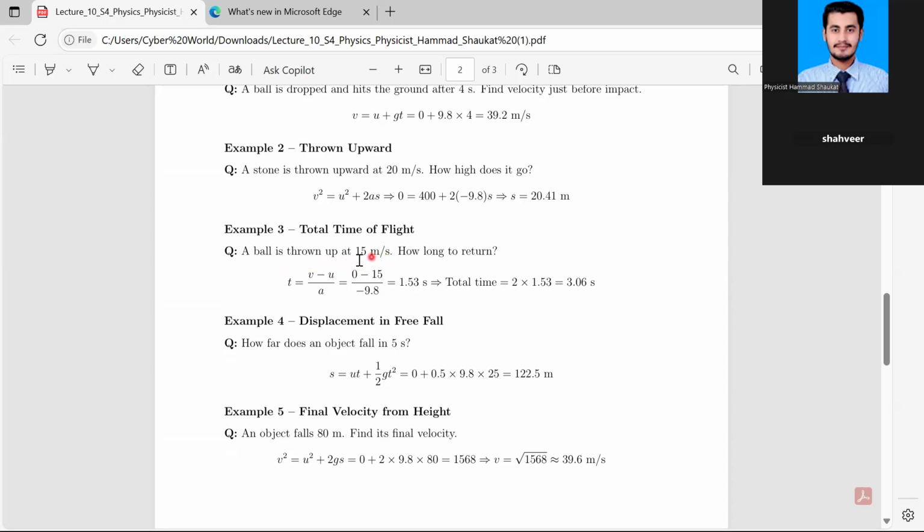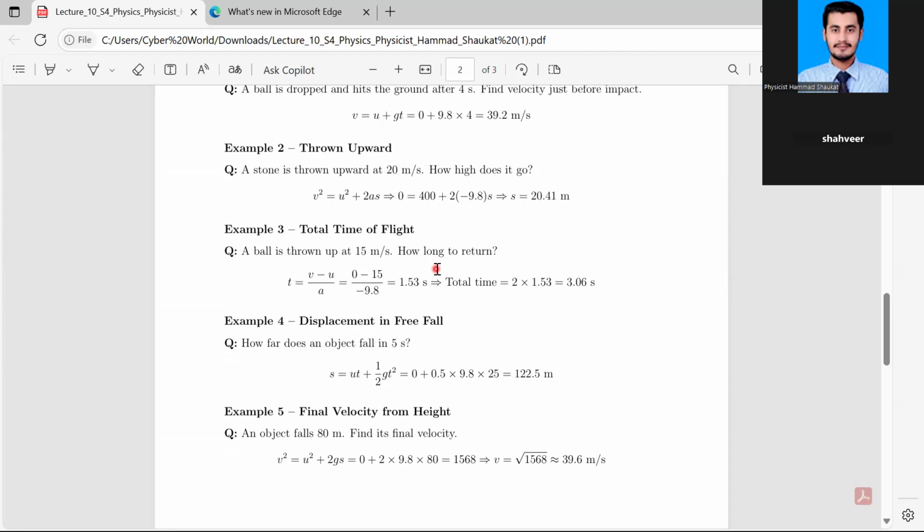So is this 15 meters per second the initial or final velocity? Initial. Yes, initial velocity. How long to return? Basically, they're asking you to find time. Yes, the time. How long basically means you have to find the time. So the third equation of motion we cannot use because in the third equation of motion there is no time.